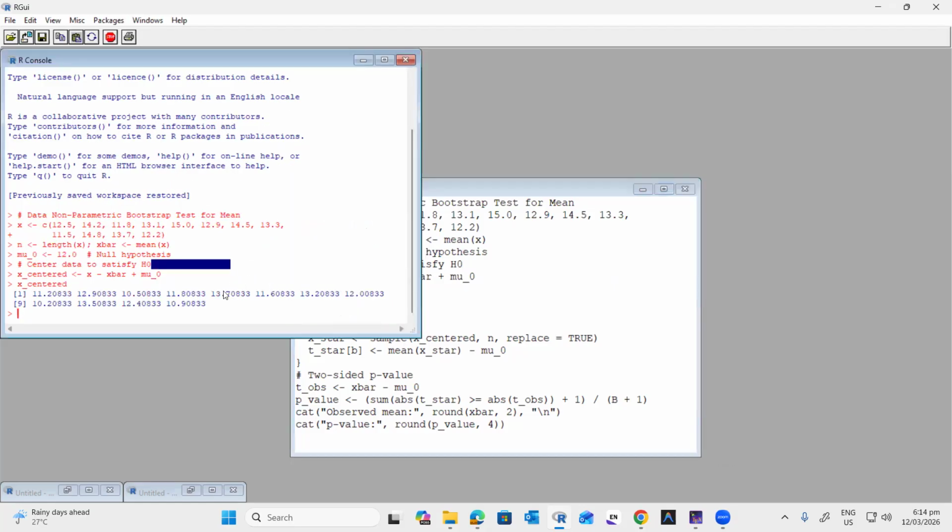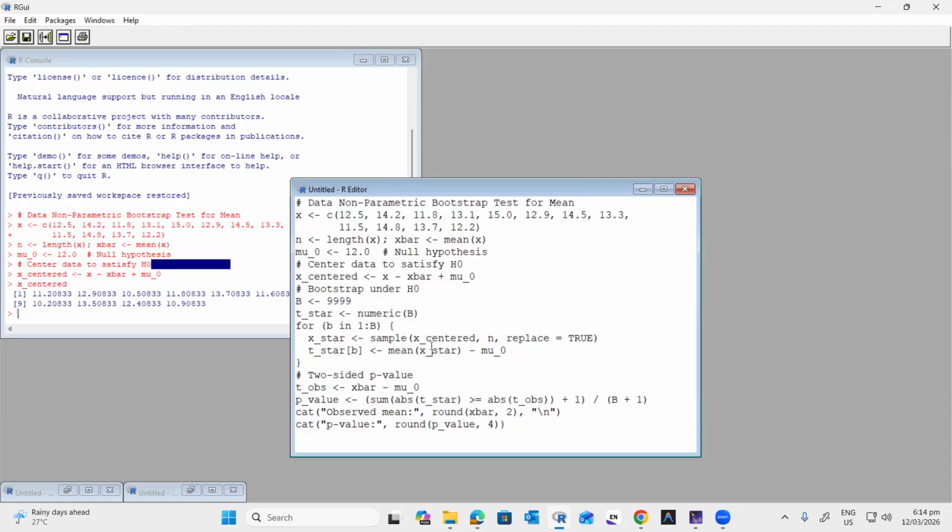All right. These are our centered values for the given data set. After that, we are going to apply the resampling about 9,999 times.